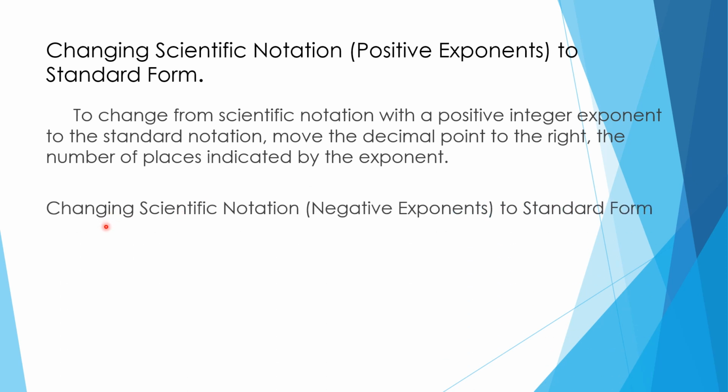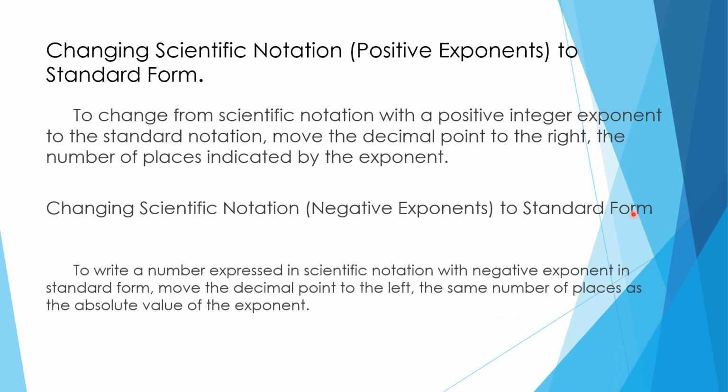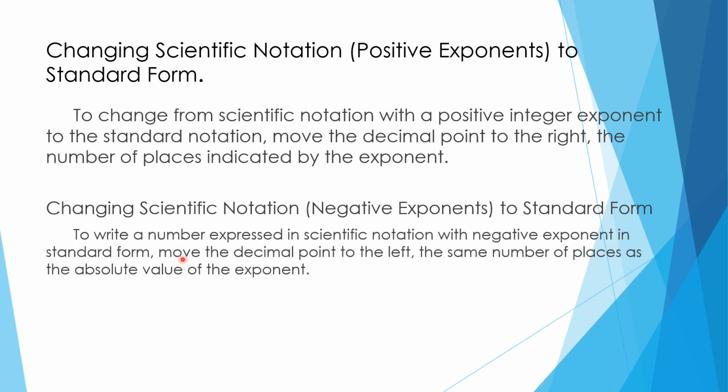And to write a number expressed in scientific notation with a negative exponent in standard form, move the decimal point to the left the same number of places as the absolute value of the exponent.